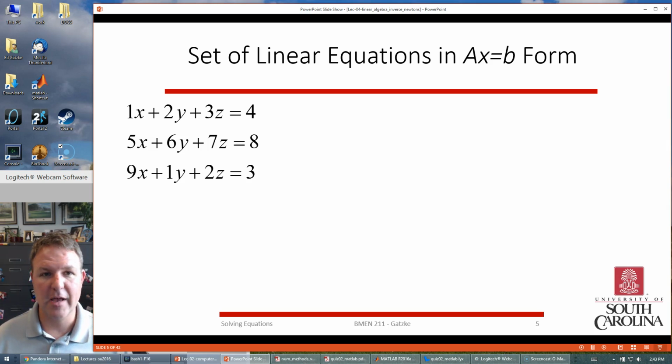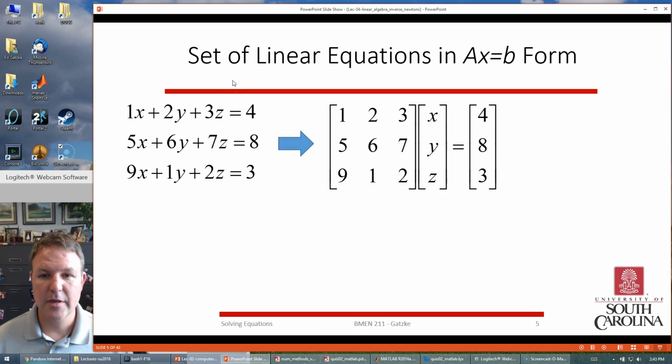So today we're talking about sets of linear equations. Here we see 3 equations with 3 unknowns. A set of 3 equations. This should look familiar from things you've done in the past. We are going to use matrix-vector notation, where we take the coefficients 1, 2, 3, 5, 6, 7, 9, 1, 2 and put them in a 3 by 3 matrix. You'll have to convince yourself that this 3 by 3 matrix times this 3 by 1 vector gives you this left-hand side over here.